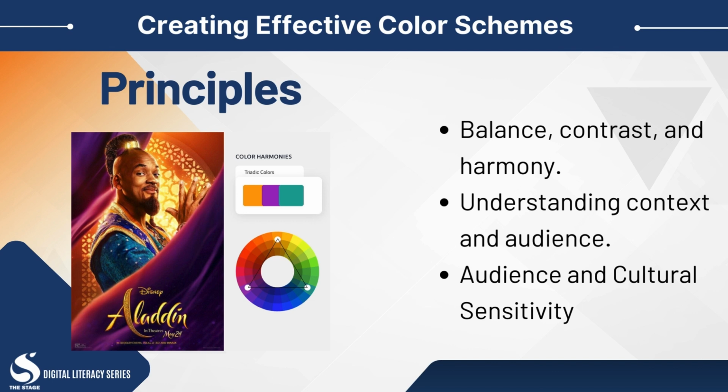When you have a well thought out color scheme and you think about those things as well as cultural sensitivity, it can enhance the overall design. We talk about color harmonies. For example, here is the Disney Aladdin one with Will Smith as the genie, and triadic colors are used. So it's a color harmony that's being used.